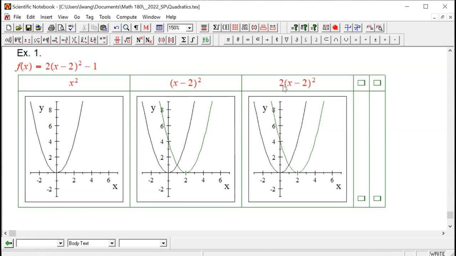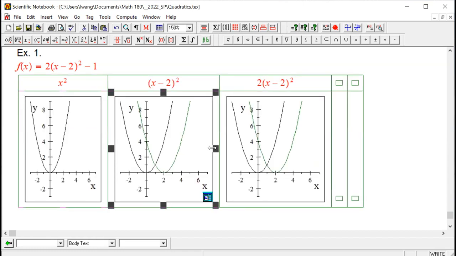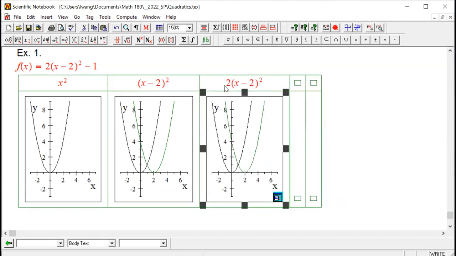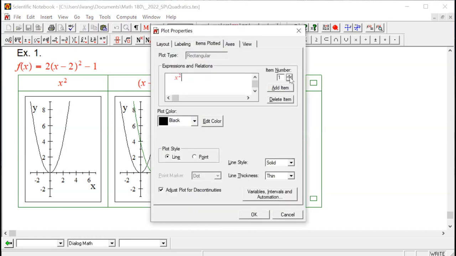Next, I'm going to do 2 times x minus 2 squared. Let me make these pictures take a little less space. Now I'm going to multiply by 2. What do you think? Is it going to make it wider or more narrow? That's right, it's going to be more narrow.